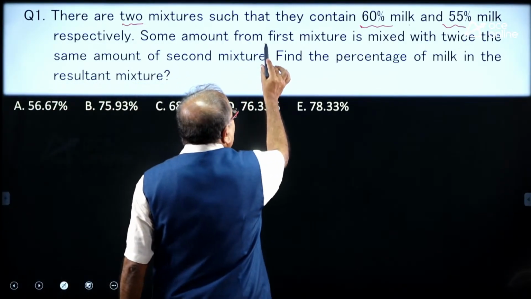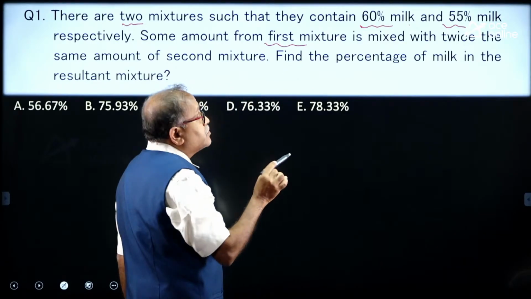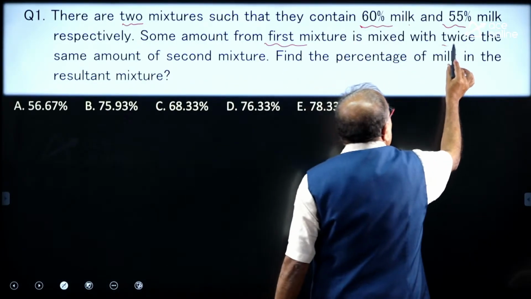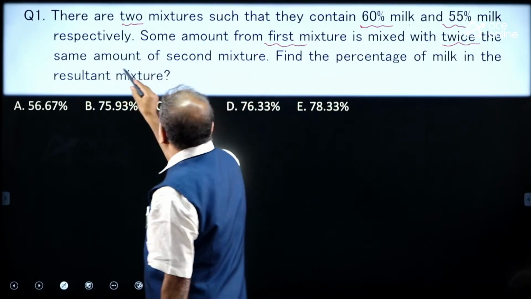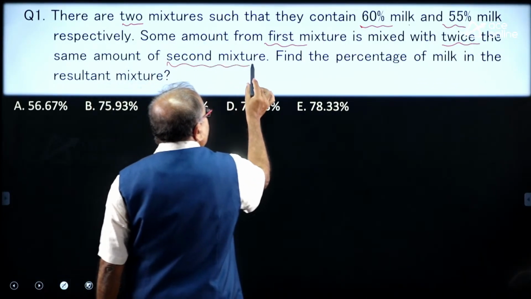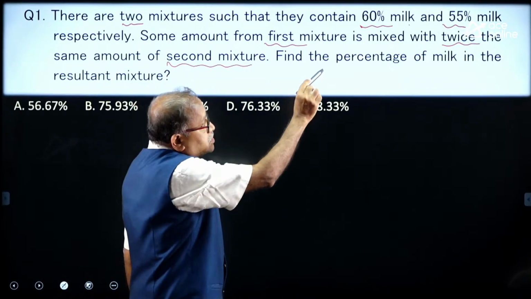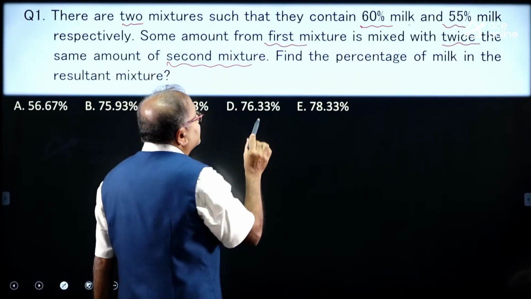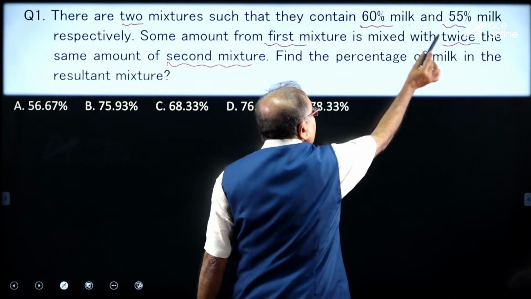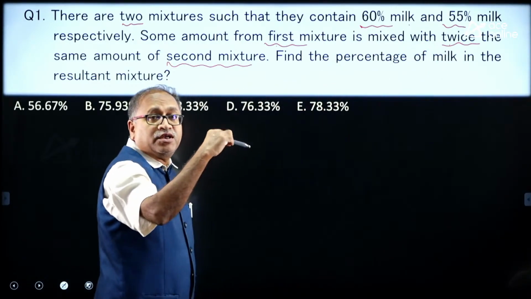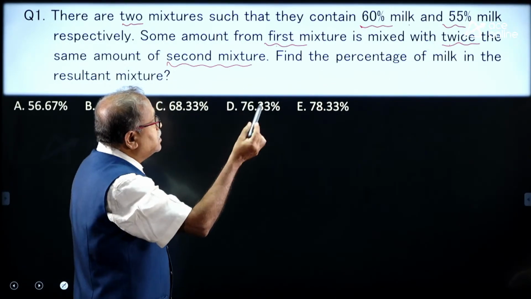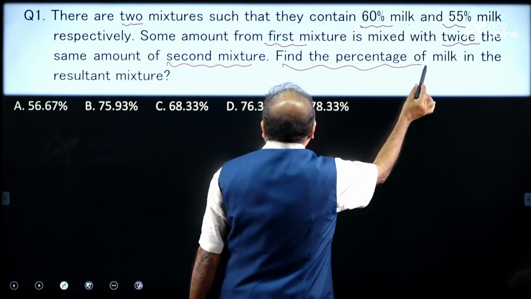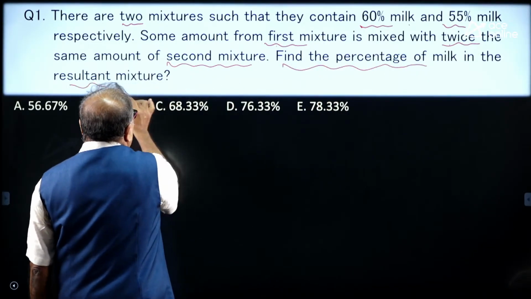Some amount of the first mixture is mixed with twice the amount of the second mixture. That means the ratio is there, the second type. These two are mixed. Find the percentage of milk in the resultant mixture.